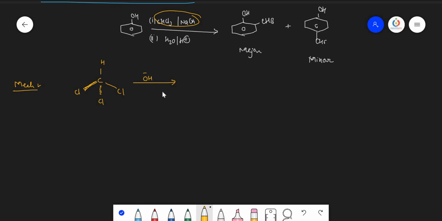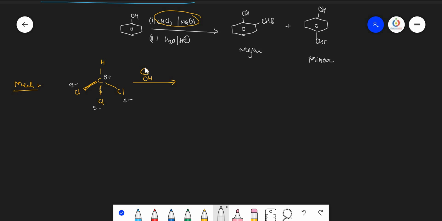So OH minus is used. The question is, chlorine is more electronegative than carbon, so all these chlorines get partial negative charges, and carbon develops a partial positive charge. Okay, so because it has more positive charge, carbon withdraws the electrons from the hydrogen.